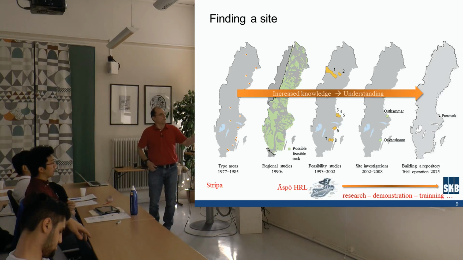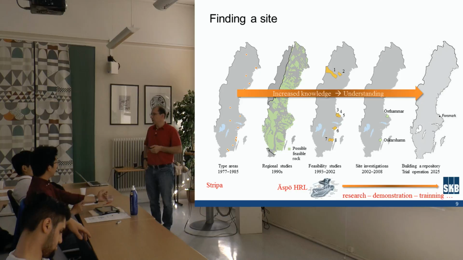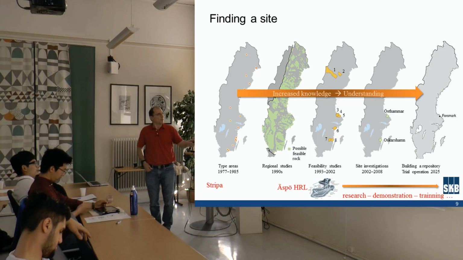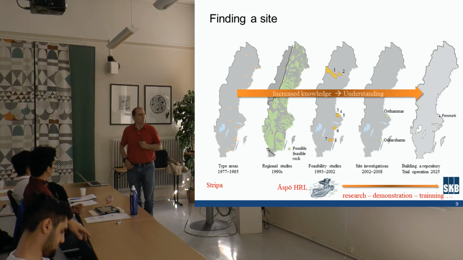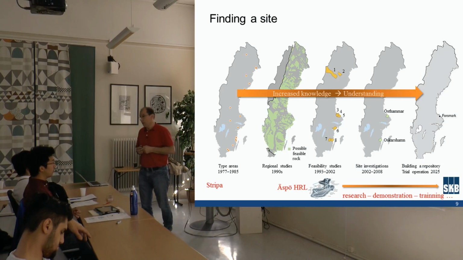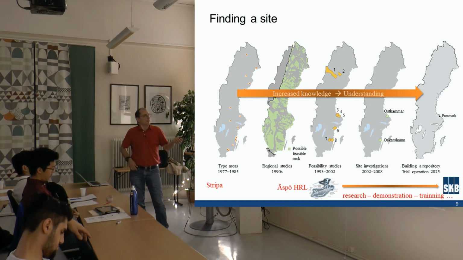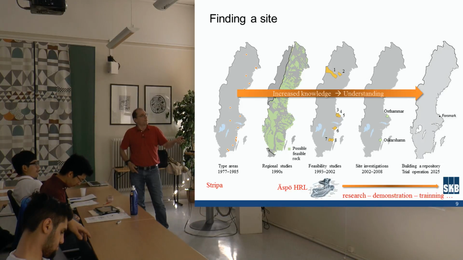So what happened during those years was that the understanding of the rock and processes increased, of course. As you know, Forsmark has been chosen to be the siting place for the repository. An application was given in 2011. But not only at the surface was work done.